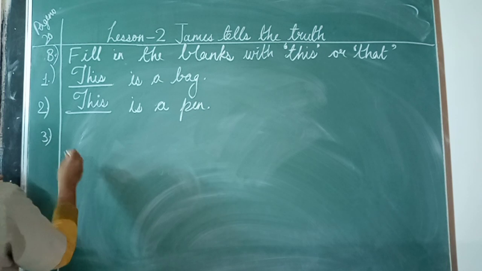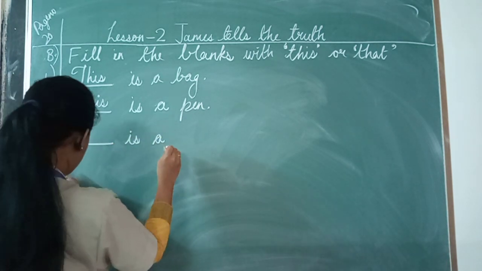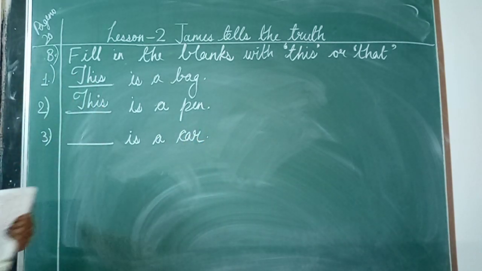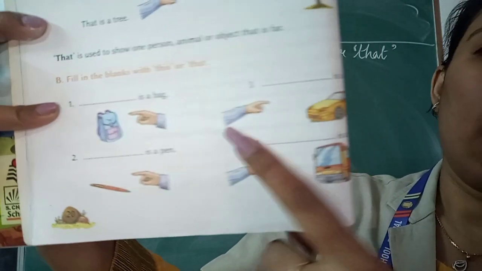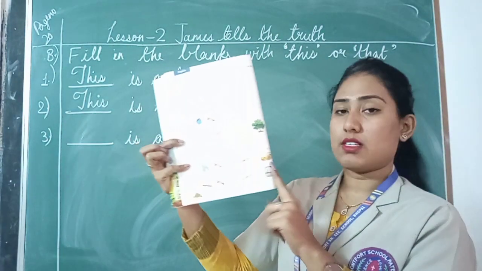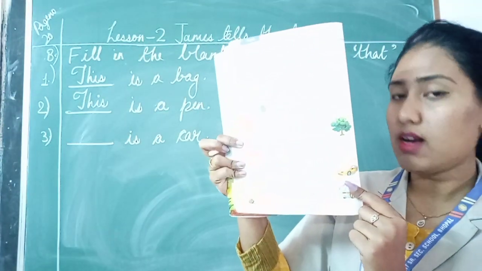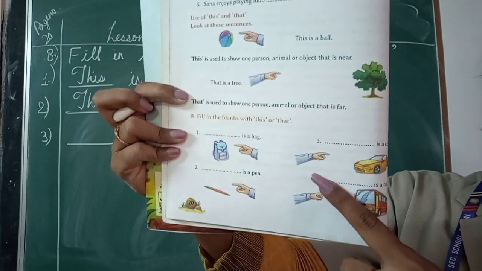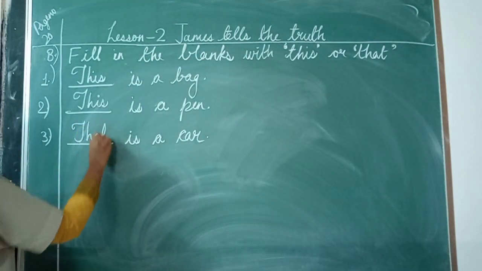Now the third one: blank is a car. In the image, the car is far from the person. Also, it is singular, only one car is there. If there were many cars, then we would use those. So this car is only one, singular, and far from the person, so we'll use that.